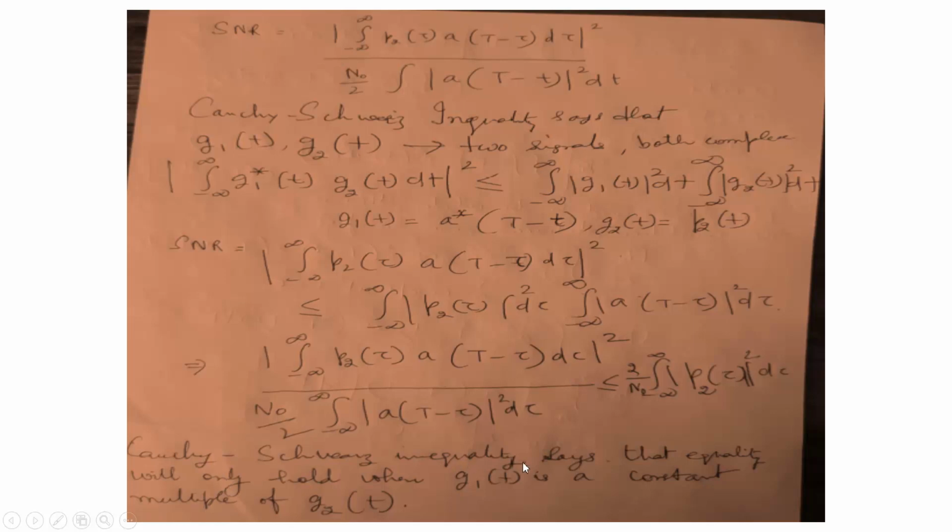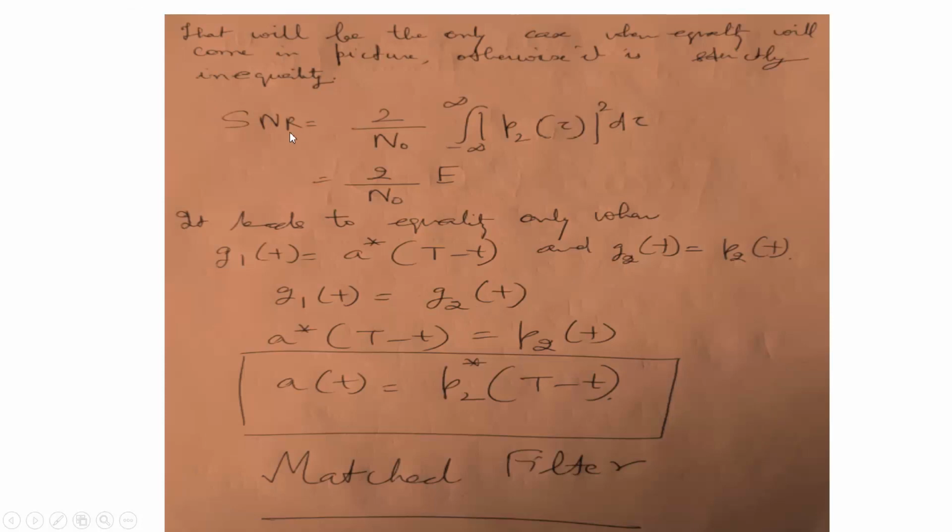Now the Cauchy-Schwarz inequality says that equality will only hold when G1(t) is a constant multiple of G2(t). So I'm assuming this is my G1(t), this is my G2(t). If G1(t) is a multiple of G2(t), then only will this equality hold, and I can replace this signal power with these two integrals, and one factor will cancel out with the noise power to get this value.